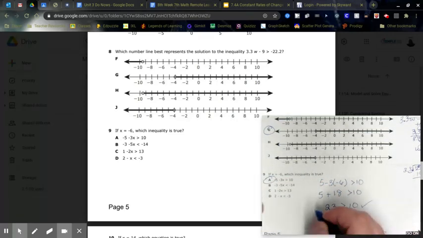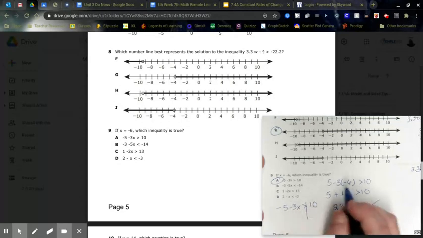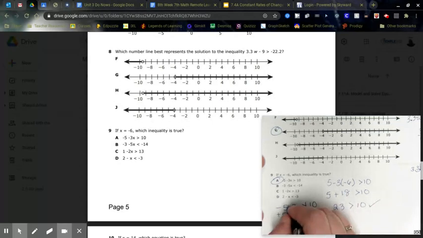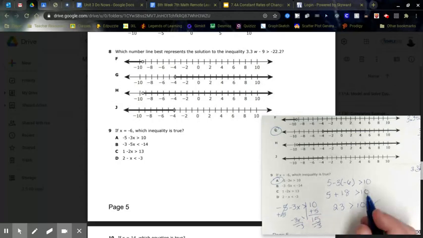I can also solve it. So let's look at it. 5 minus 3x is greater than 10. Let's solve it. Minus 5, because we want to move the number without the x first. -3x is greater than 5. Then divide by -3 on both sides.